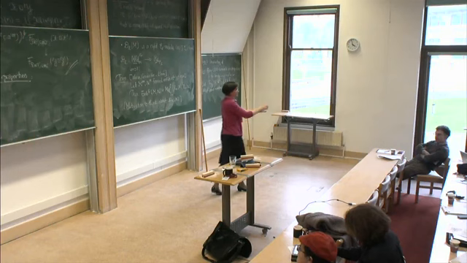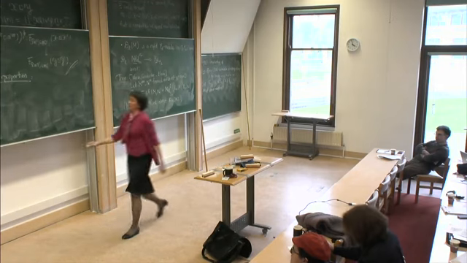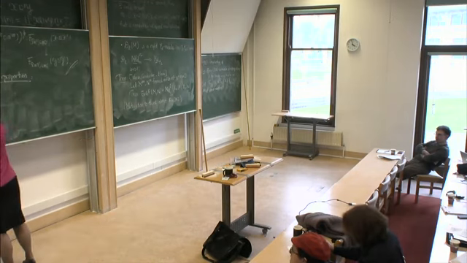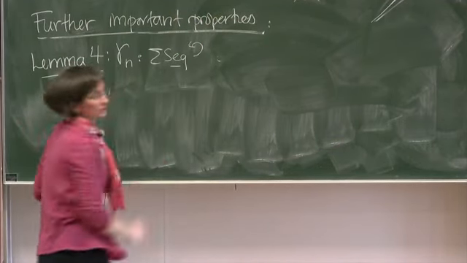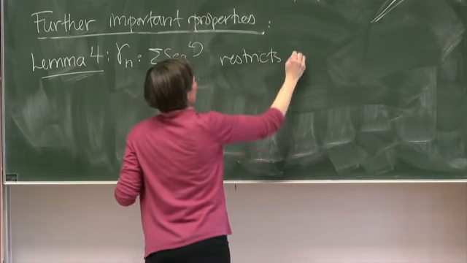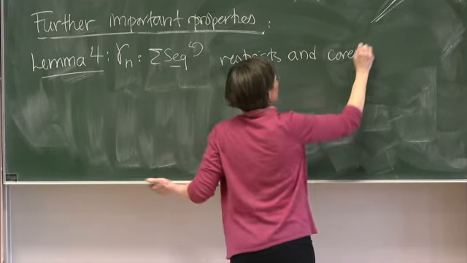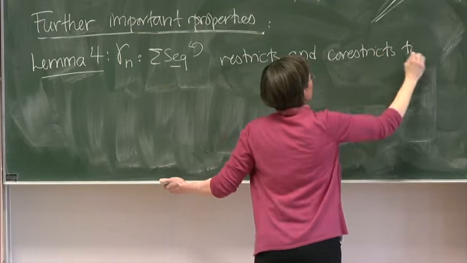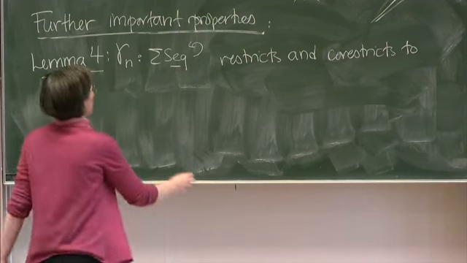It was this thing that takes a symmetric sequence and gives you something in arity n, which was arity k times n before. So it turns out that gamma n, which is this endofunctor on symmetric sequences, restricts and co-restricts to an endofunctor of PQ bimodules for any P and Q.